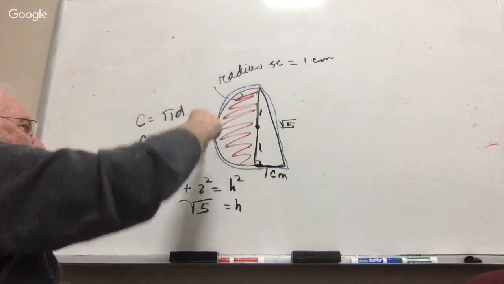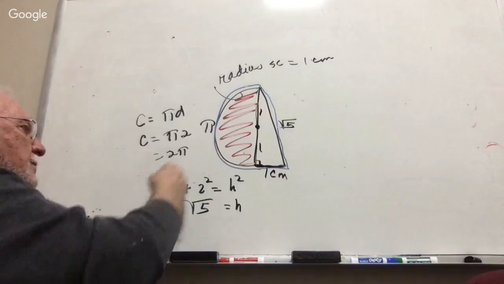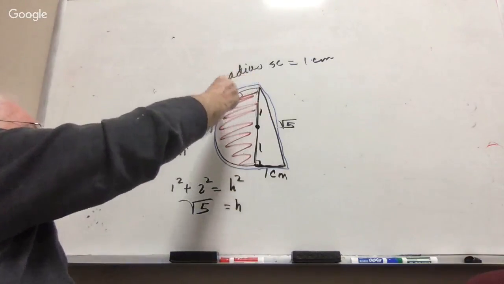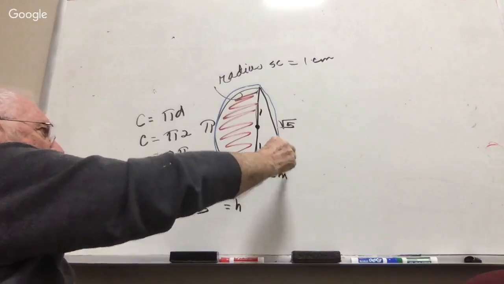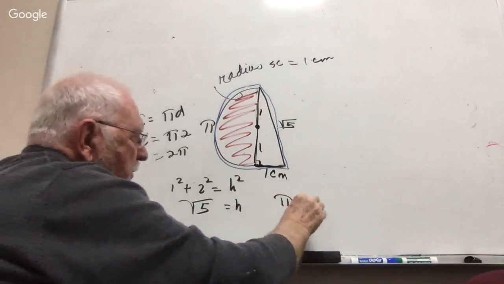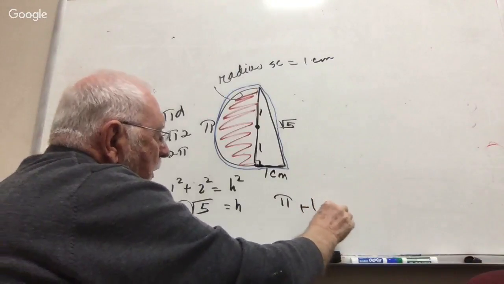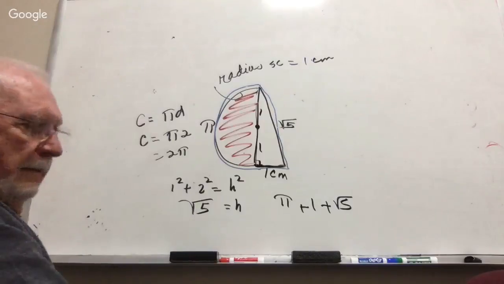So the circumference of half of it then is going to be just pi. So if I take all of this part and then this part and up here, then I have pi plus 1 plus the square root of 5. Right? Yeah.